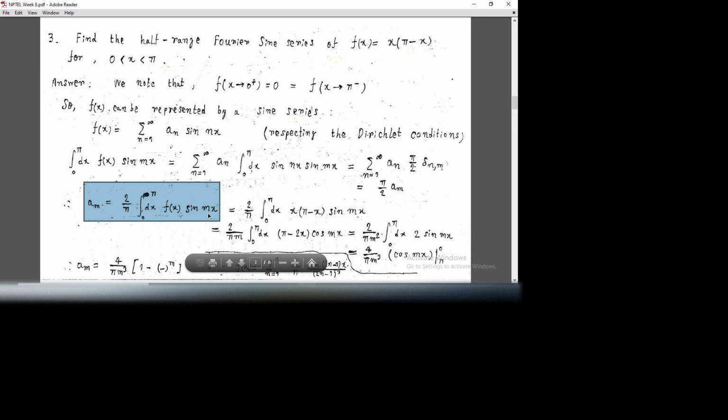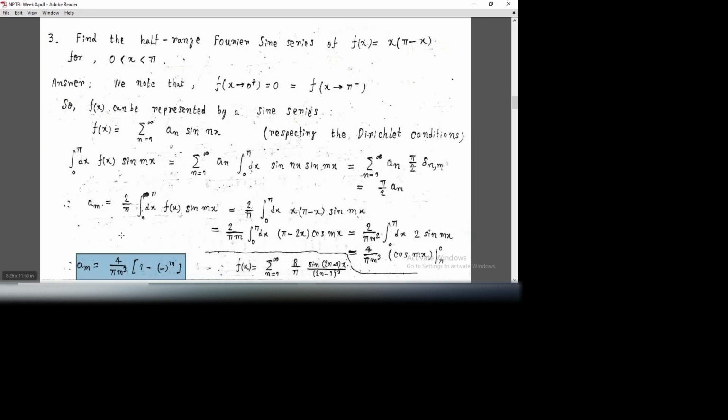The integration is quite easy, and the result of the integration is this one. This kind of integration occurs every time you do problems involving finite Fourier series. It is standard real variable integration, nothing tough about that.